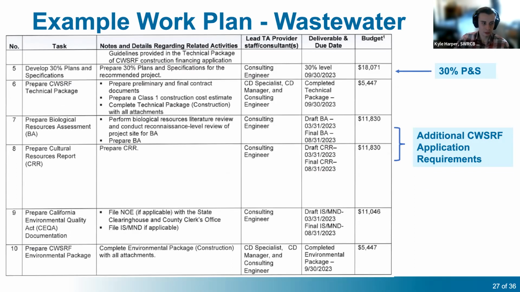Then I also made sure to point out deliverables 7 and 8, prepare biological resources assessment and prepare cultural resources report. These two deliverables are additional CWSF application requirements. So again, these won't be found on drinking water projects, but this is still necessary for completing all the CWSF application requirements.